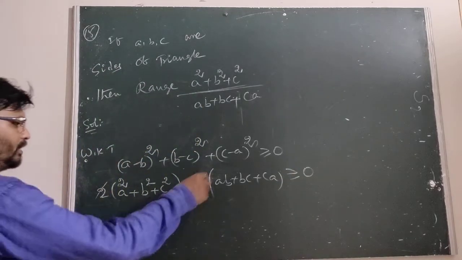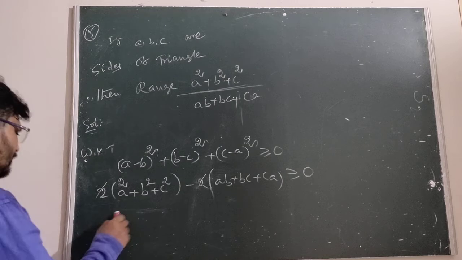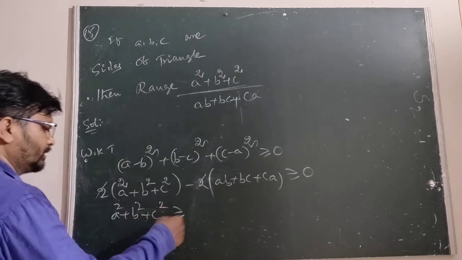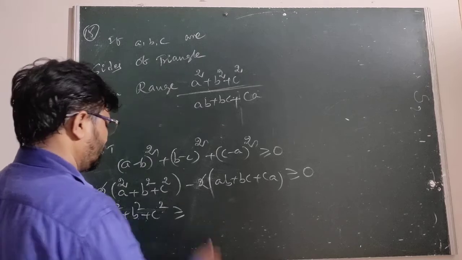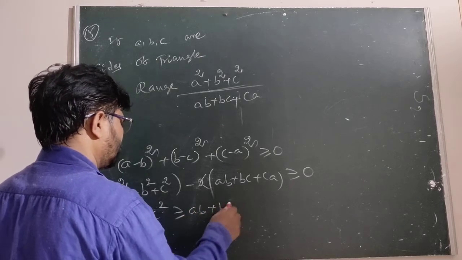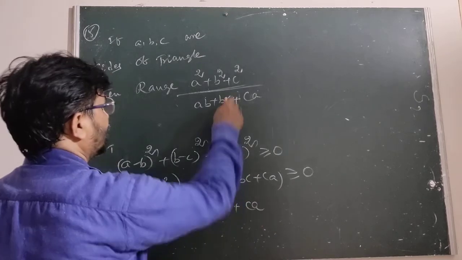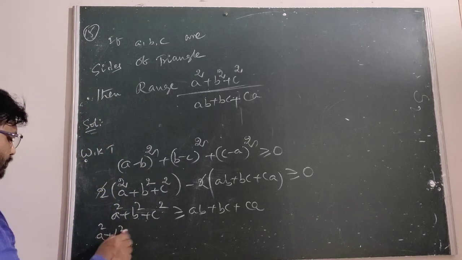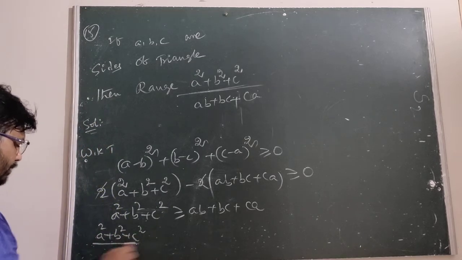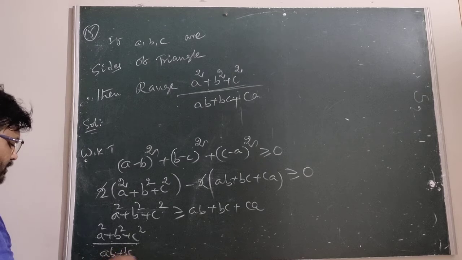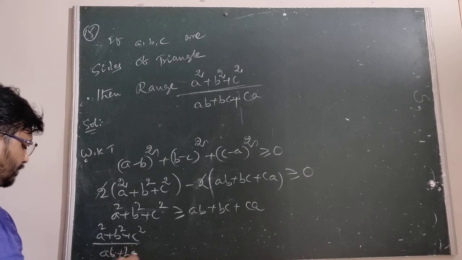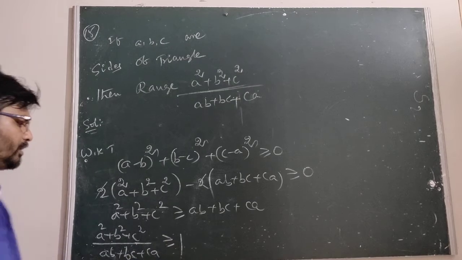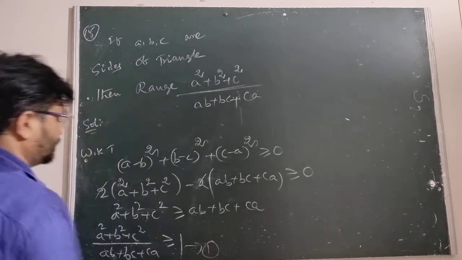Now this can be divided by 2 on both sides. A square plus B square plus C square is greater than or equal to AB plus BC plus CA. Now A square plus B square plus C square by AB plus BC plus CA is greater than or equal to 1. This is one condition.